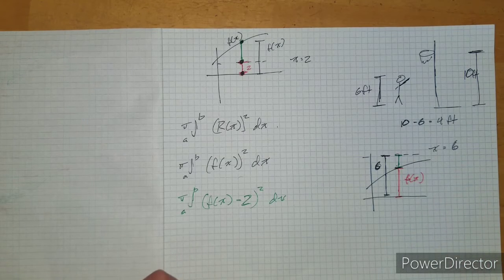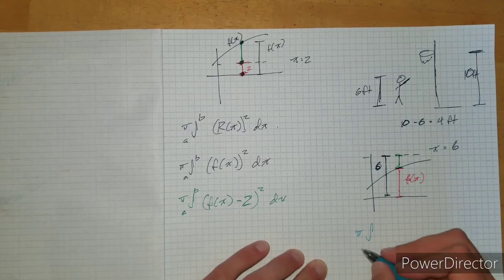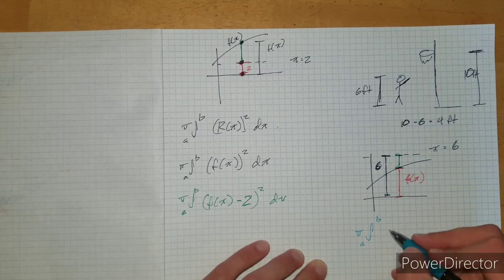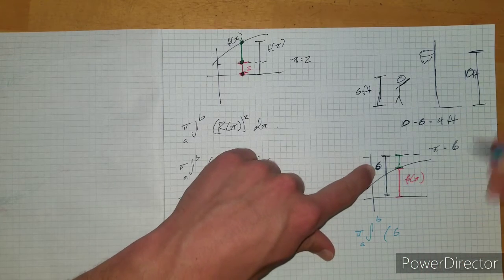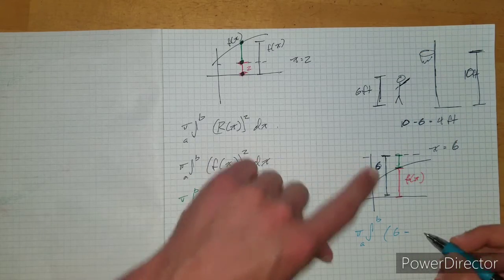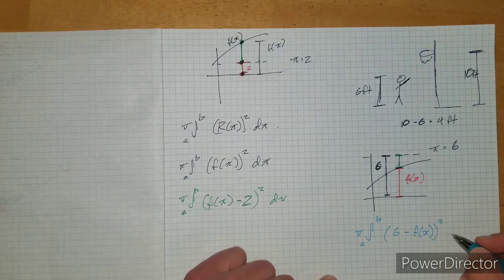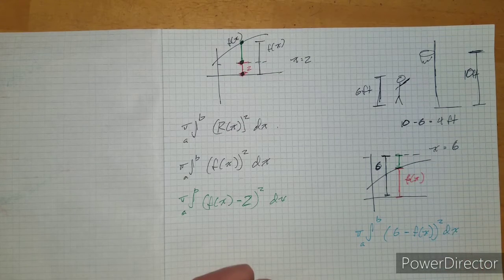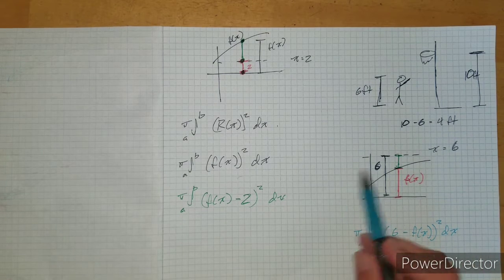So what we have to do here is, I'm going to do this one in light blue, go from a to b. This time we're going to do 6 because 6 is farther away, just like 10 is farther than 6 here. I'm going to do 6 minus f of x, squared, dx.